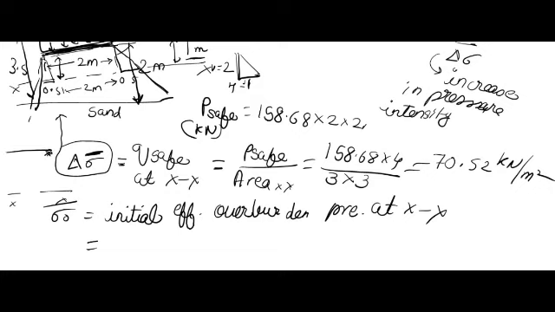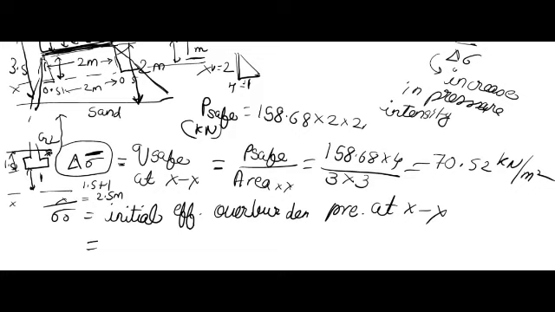This is ground level. So the footing is at a distance of 1.5 and xx is at a distance of 1 from the base of the footing, so it comes out to be 1.5 plus 1, that is 2.5 meters.